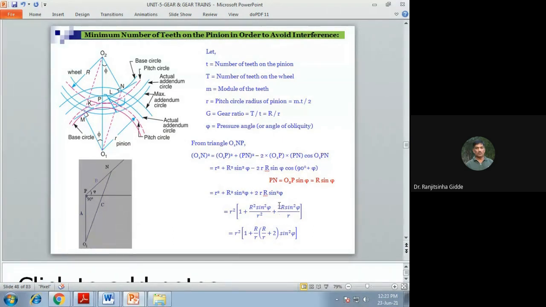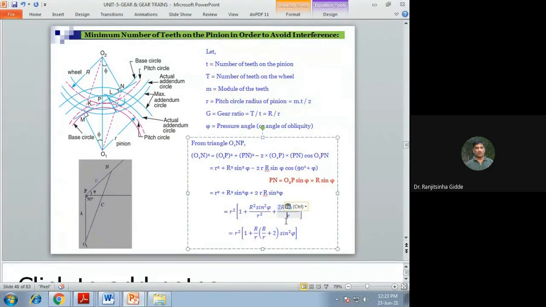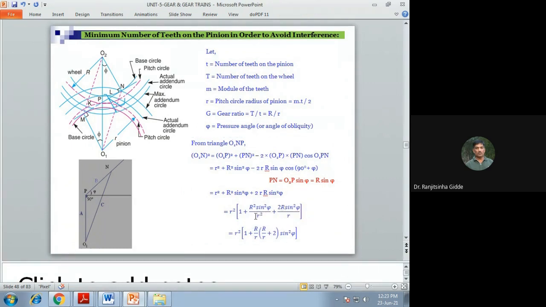And for this 2, only 2 is remaining, that we have written. So r by r common from both of these terms along with this sin square phi. What is remaining here? This is the remaining: r upon r plus 2, bracket complete, sin square phi.